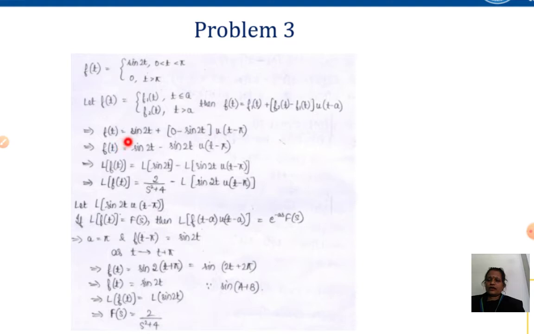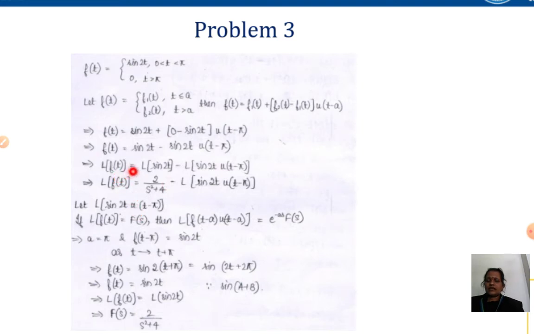So f of t will be sin 2t plus, here f2 is 0, 0 minus f1 which is sin 2t, into u of t minus pi. So f of t will be sin 2t minus sin 2t into u of t minus pi.